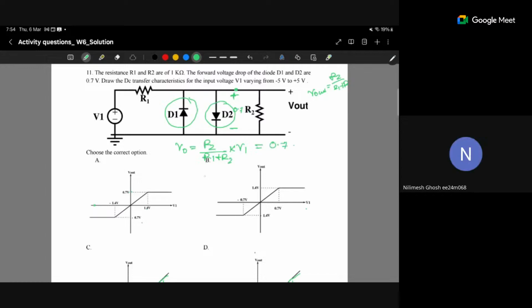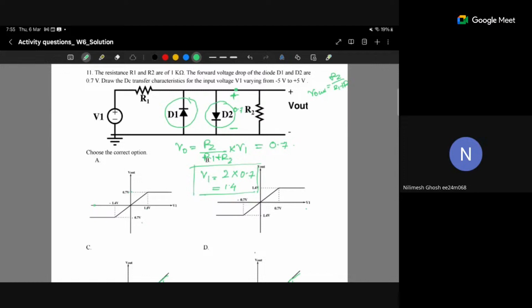Yes, sir. Now V1 equals, say this is 1 by 2 for R2 by R1 plus R2, this will move here, it will be 2 into 0.7 volt, right? Yes, sir. So this will be 1.4 volt. So we can say that at V1 equal to 1.4 volt, Vout will be 0.7 volt.